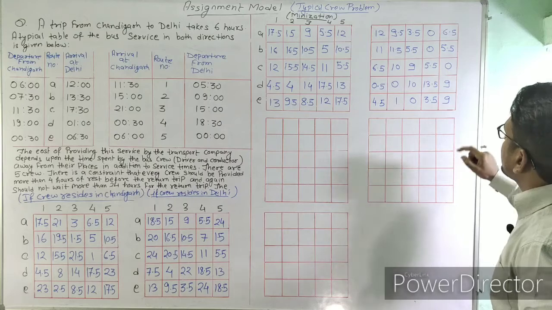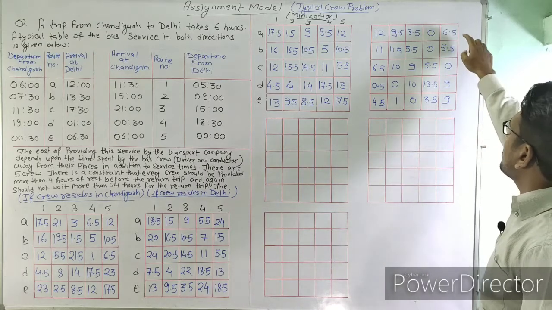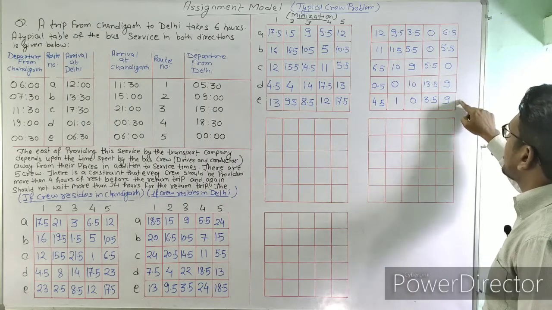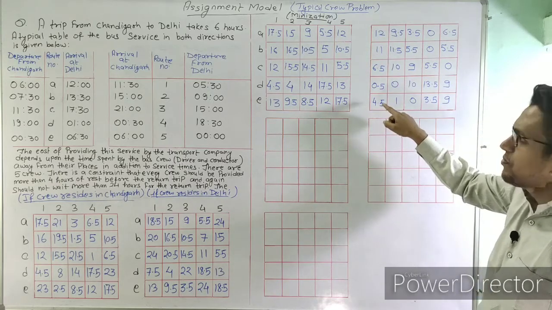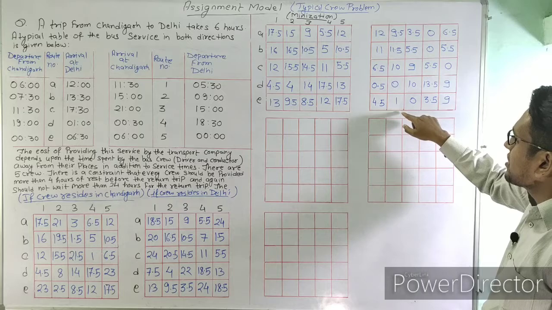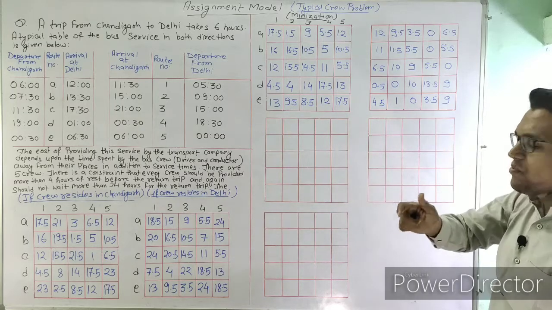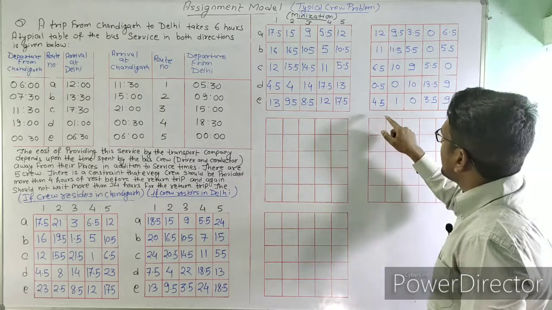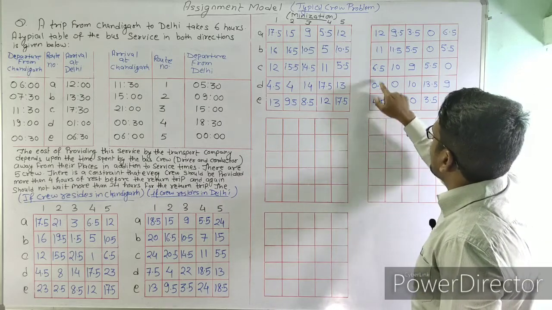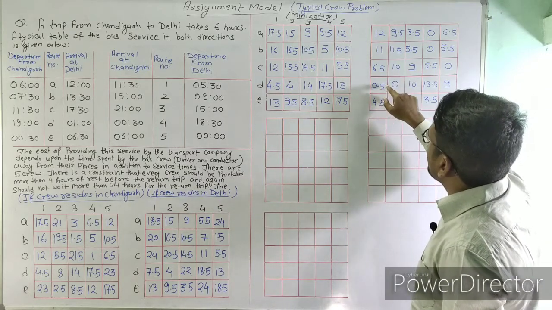Now, as we can see, we have zeros in each row, but we do not have 0 in each column, because the first column does not have a 0. So again we will do the column reduction so that we will have at least one 0 in each of the columns. For that, we will select the minimum value in the column. For column 1, we can see the minimum value is 0.5.